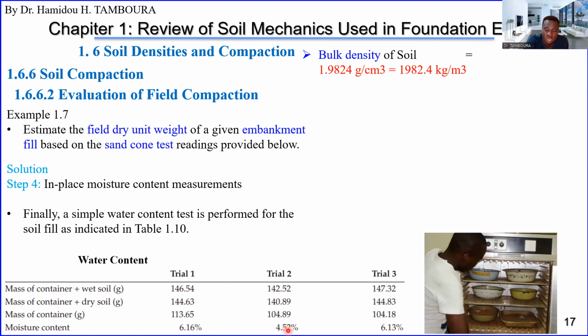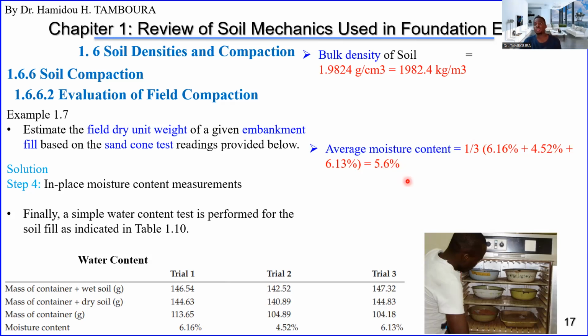This one gives us 4.52%. This one gives us 6.13% as water content. Okay, so then you take the average water content by adding these three and dividing by 3. One third multiplied by this addition. You will obtain an average of 5.6% as water content.